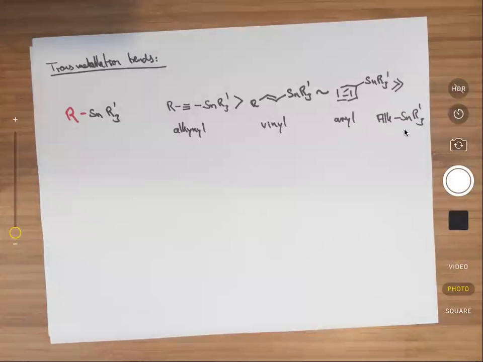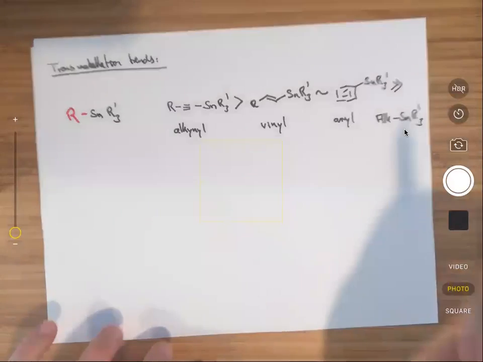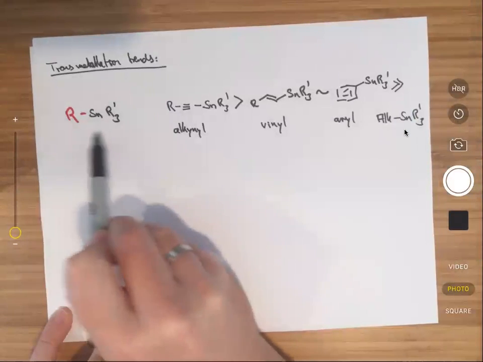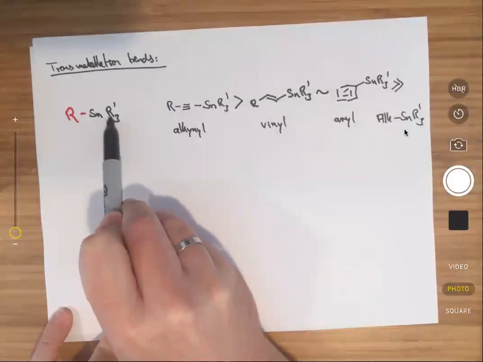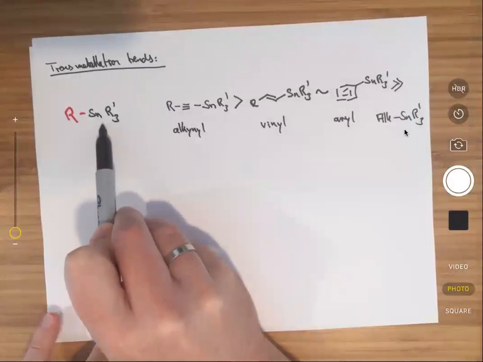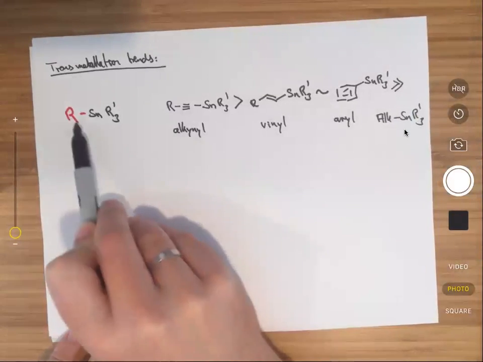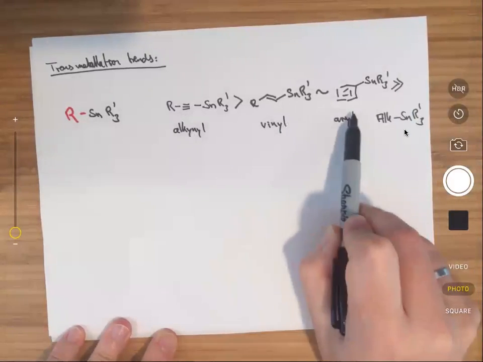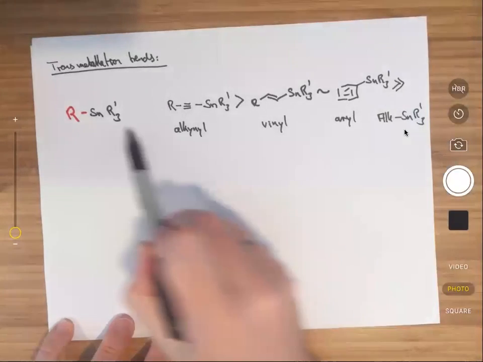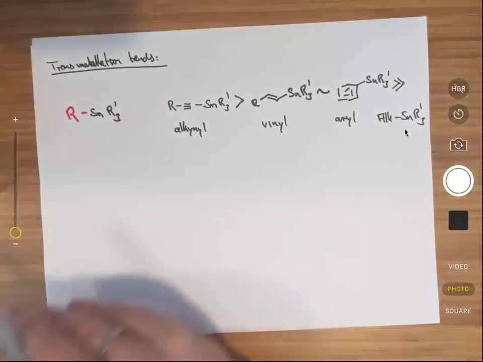All right. So that means essentially that if we have a standard reagent buildup like this, where R prime here is a simple alkyl substituent, we can make sure that anything that is an alkynyl, a vinyl, or an aryl is transmetallating faster than any of these three other substituents on here.